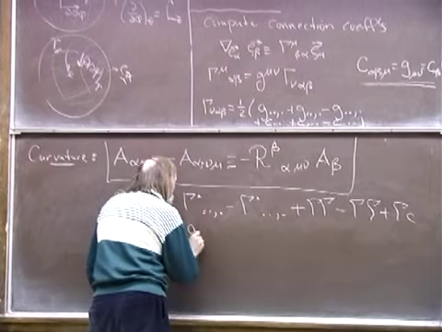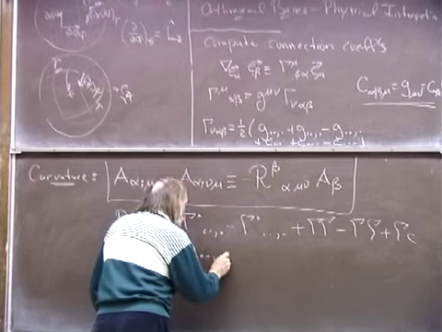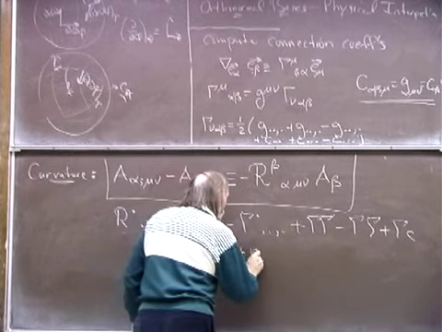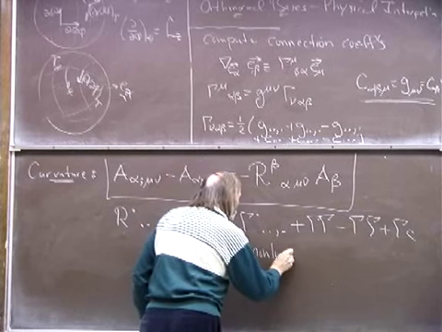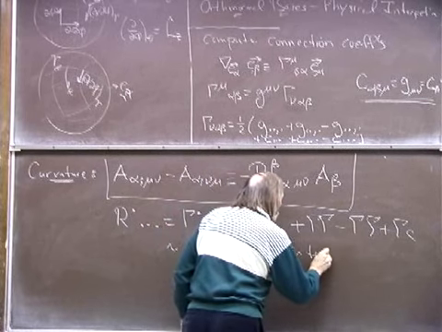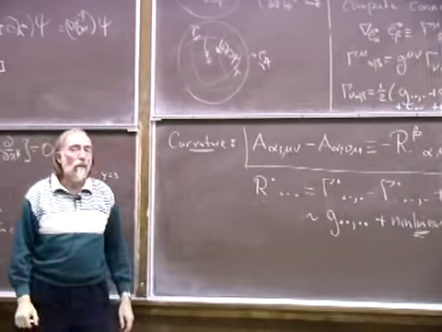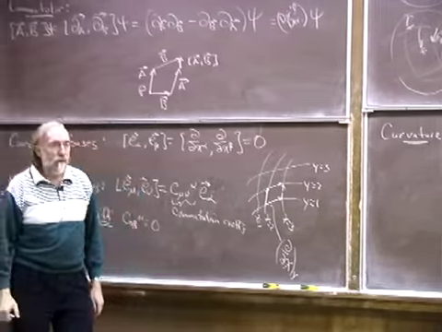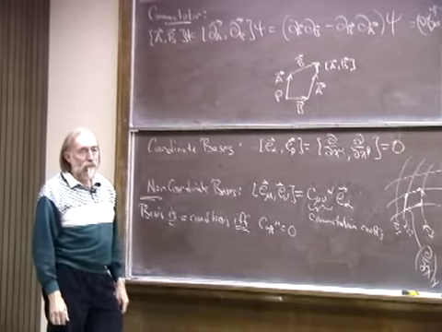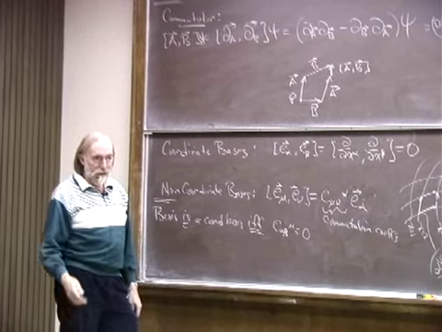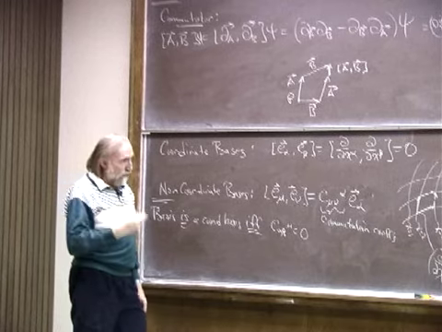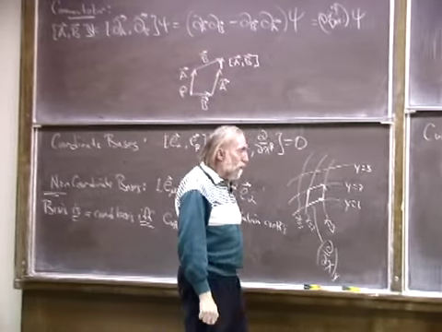This looks like a metric coefficient with two derivatives on it, plus a bunch of nonlinear terms. And the nonlinear terms are where the richness arises from in the Einstein field equations and in general relativity. It's a highly nonlinear theory, and those nonlinear terms play a major role.